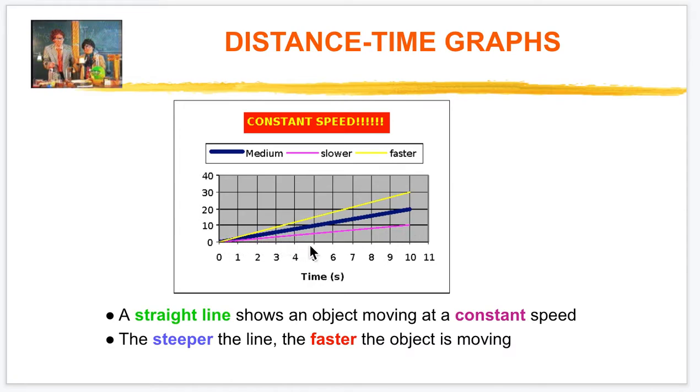The blue one, in 10 seconds, has gone 20 feet. So you can see here that if they go 20 feet in 10 seconds, then they went 2 feet per second. They were going a little faster. And the yellow line is at 30.